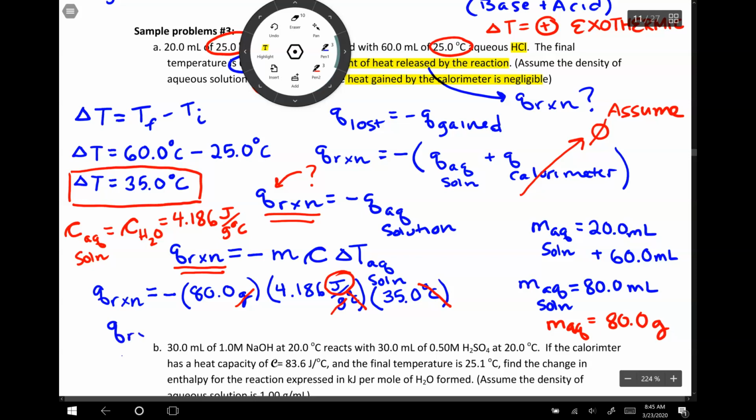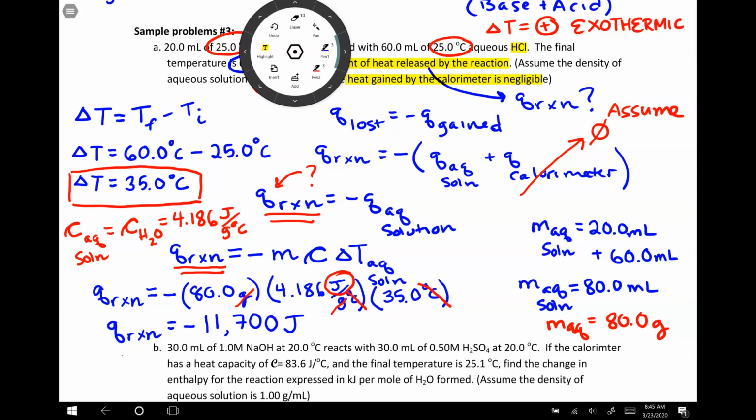This is the thing that I want as my answer. I got a really big number with a negative sign here, so I got negative 11,700, and my units here are joules. I rounded to 3 significant figures because that's what I had for delta T, and that's what I had for my mass.